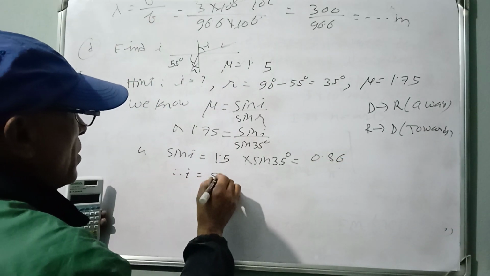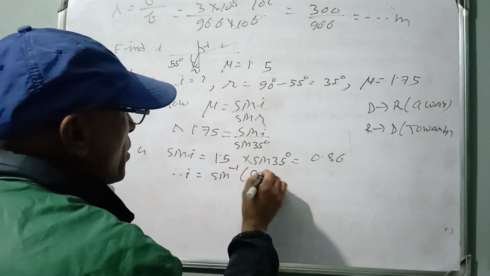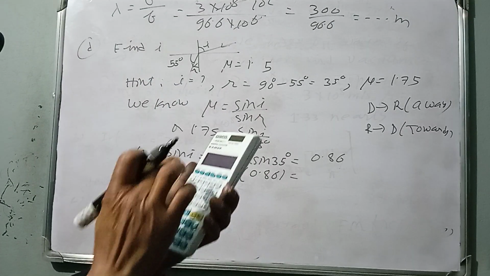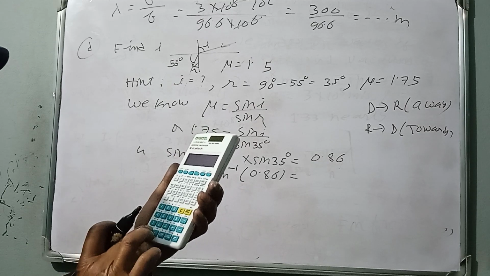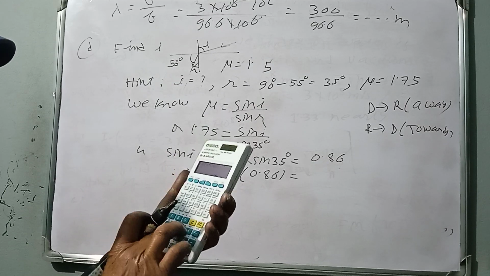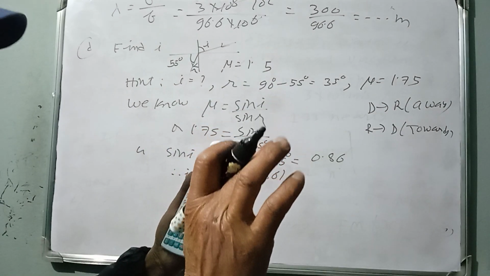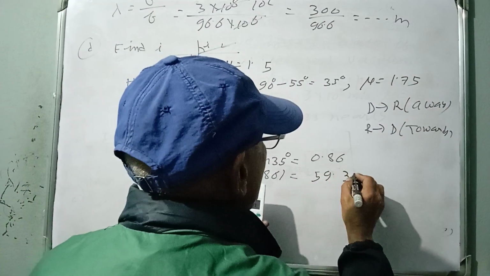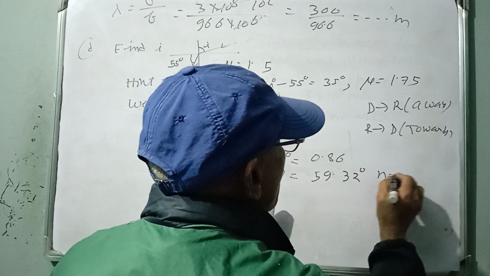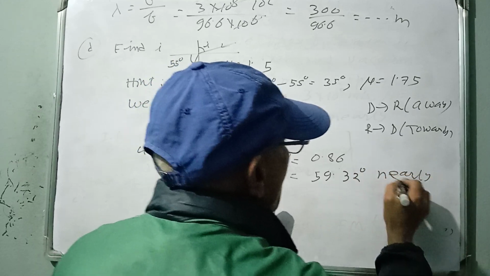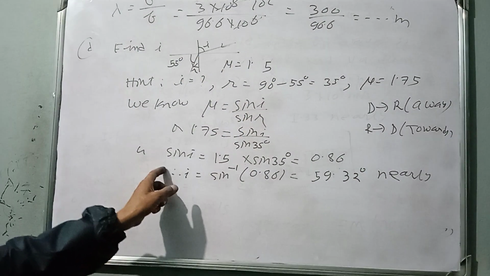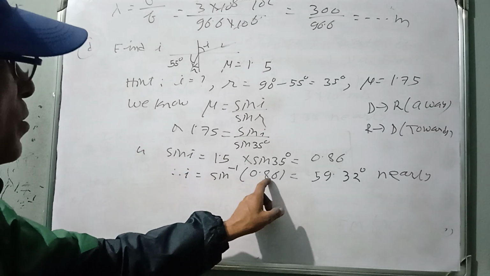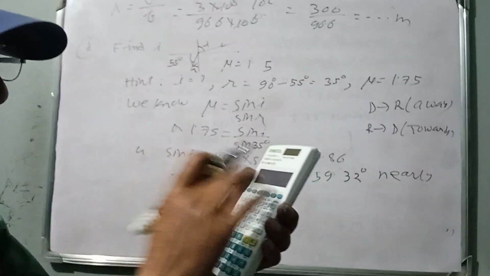Therefore sin inverse 0.86. How much is this? Shift sine 0.86 equal 59.31. 59.31 degree or 32 degree nearly. So it can be written as sine inverse 0.86, fixed in degrees.